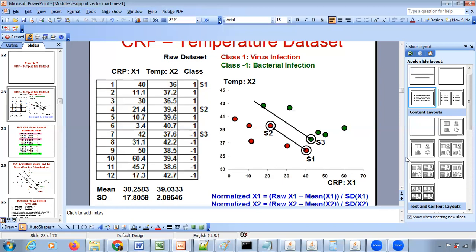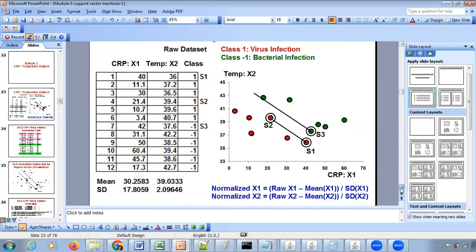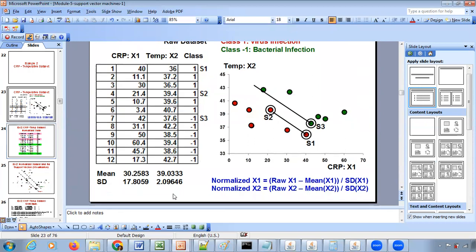The first step is to plot the raw data set as it is, and try to visualize this. Now remember here, the CRP and temperature are not in the same level of magnitude. You can notice the mean of CRP is 30 point something and the mean of temperature is 39 point something.